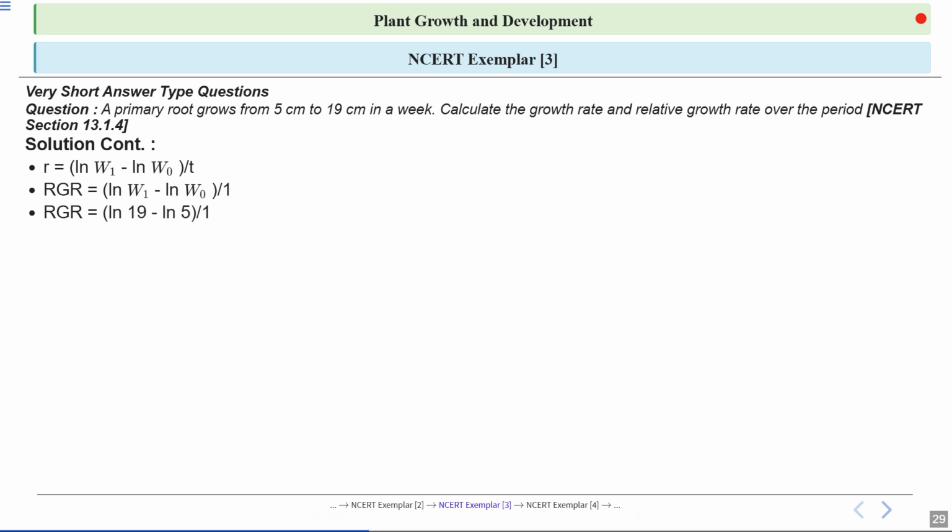So it will be log 19 minus log 5 divided by 1. The value of log 19 is 2.944, minus 1.609, which is the value of log 5. So what we get is 1.335 per week.